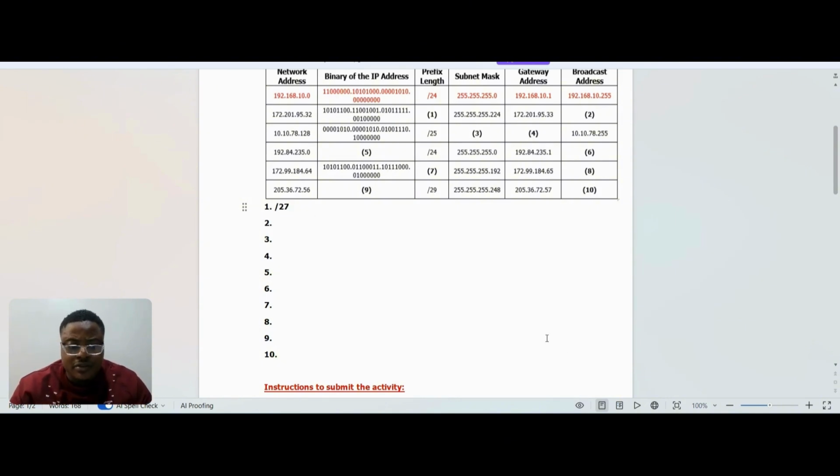Then number two, to get the broadcast address, I'm going to use both the subnet mask and the IP address. Now let me write the network address down here.